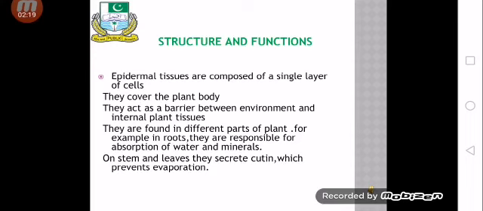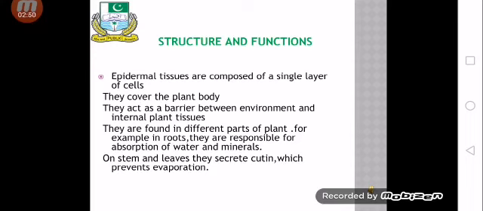When these are present in roots, they are responsible for the absorption of water and minerals. The epidermal tissue of stem and leaves secretes a special waxy material known as cutin, and they make a special layer known as cuticle, and this cuticle layer prevents water loss. So in the case of stem and leaves, epidermal tissues prevent evaporation.